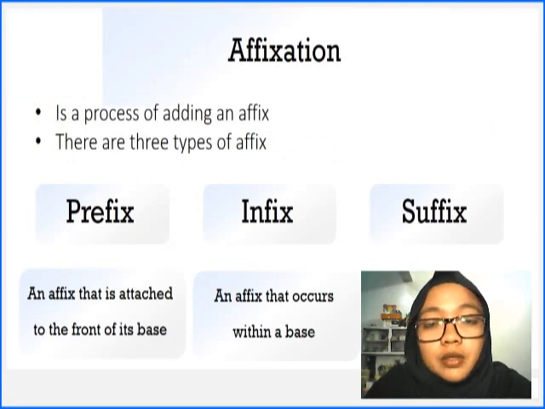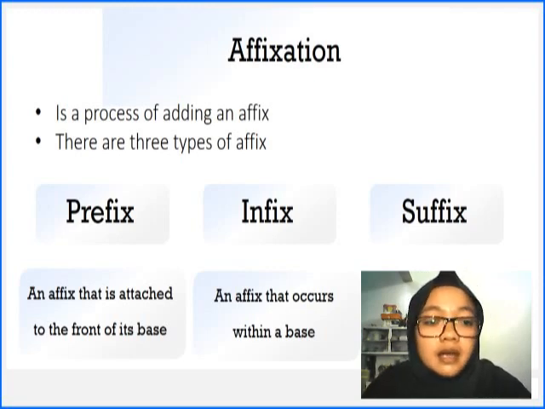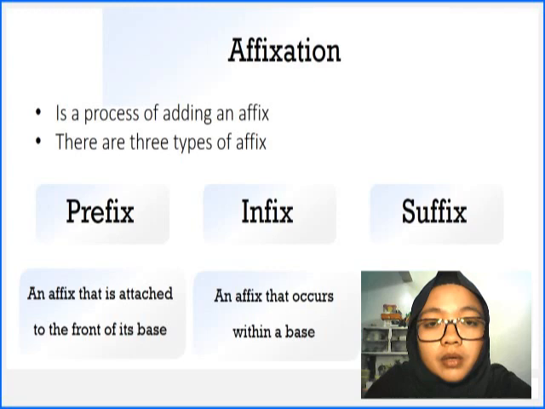Affixation is the process of adding an affix. There are some types of affix. Some are common in English, but one of the types does not happen in English formation.